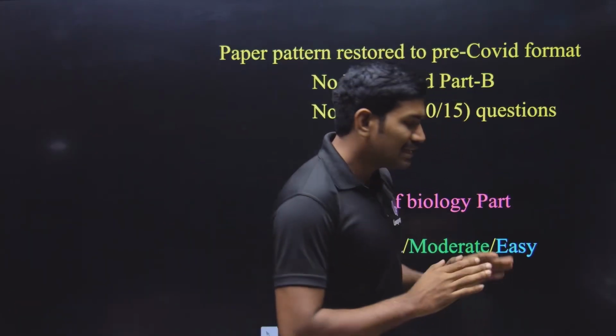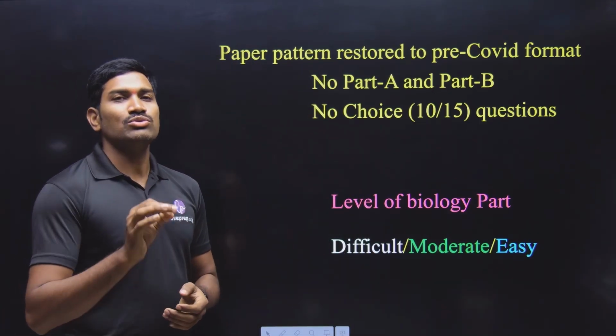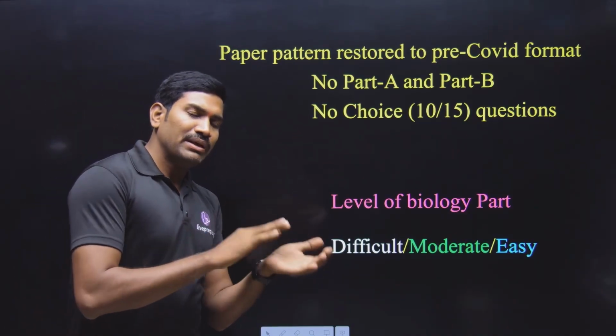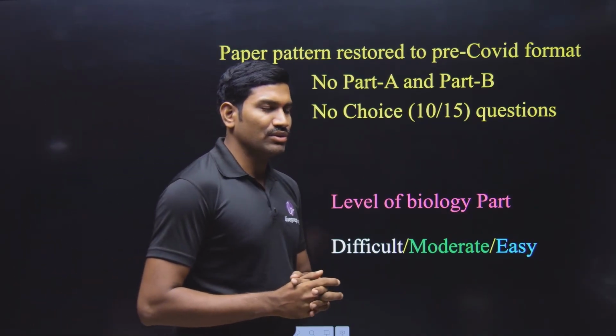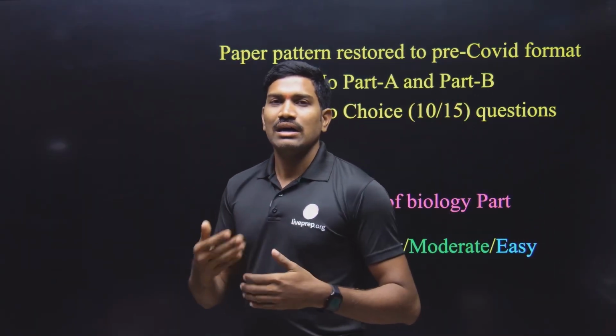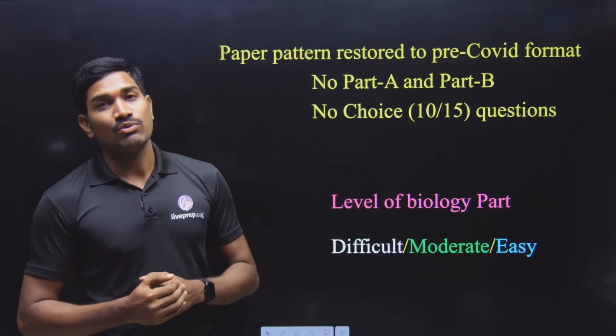Now, if you are specifically talking about the 2025 paper, the important thing is that up to 2024, after the COVID-19 pandemic, they had slightly modified the question paper pattern.